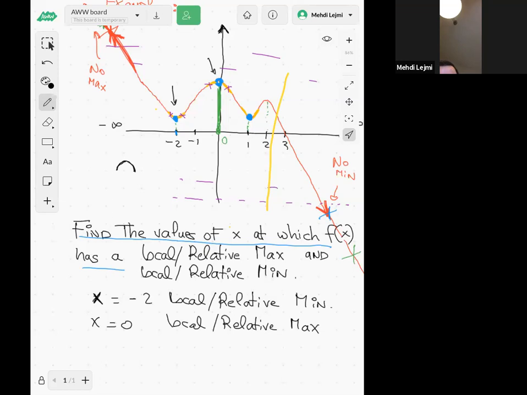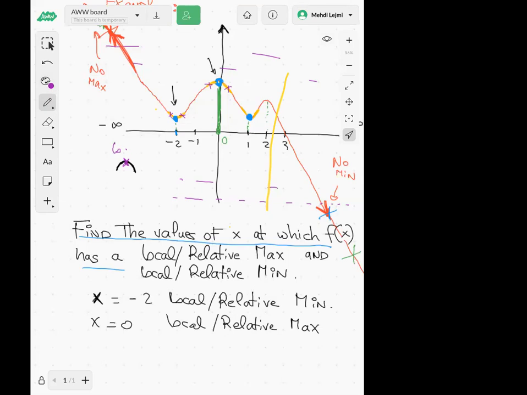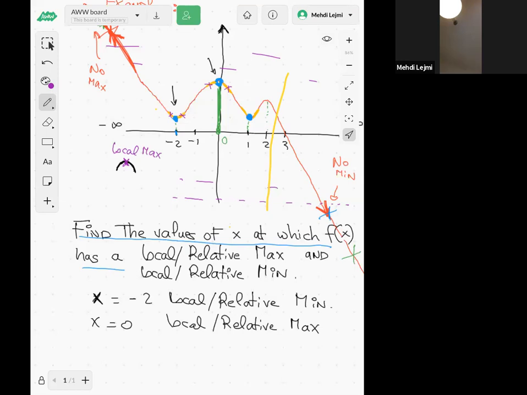If you have a small parabola somewhere, like a small mountain or a hill, then this point here will be a local maximum. I would think of it as something holding a ball. If you put a ball on the line, that's where it's gonna go, like the top of a small mountain.